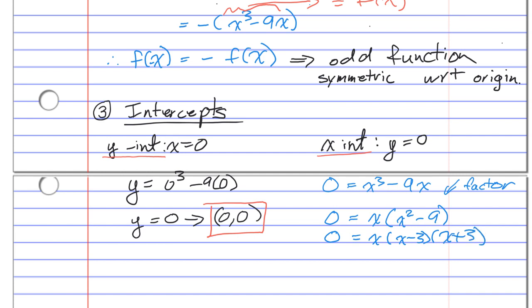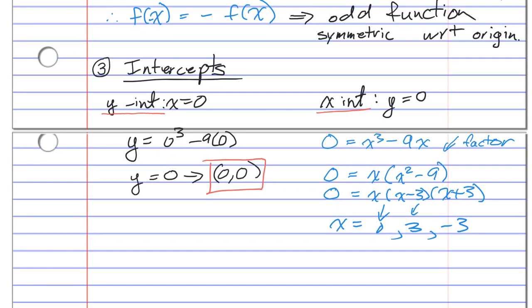So that means our zeros are going to be x is equal to 0, then 3, and negative 3. So those are our points. So now let's go and write our points down, and then we'll use them later. So we got 0, 0.